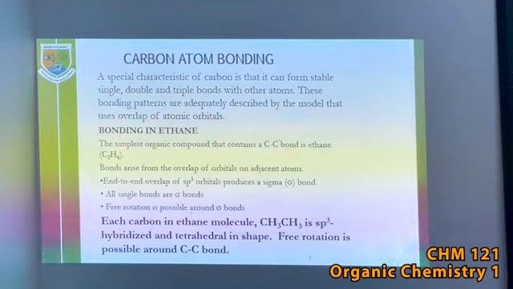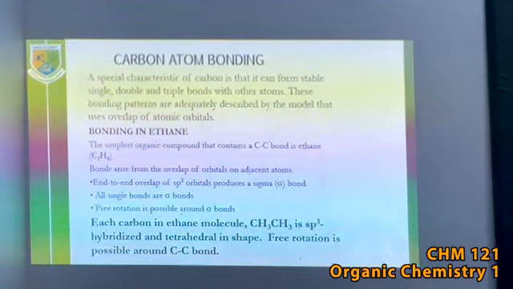Let's take ethane, C2H6, which has a carbon-to-carbon bond, two carbon atoms, and then 6 hydrogens. The bonds here arise from the overlap of orbitals on adjacent atoms. So end-to-end overlap of sp3 orbitals produces a sigma bond.